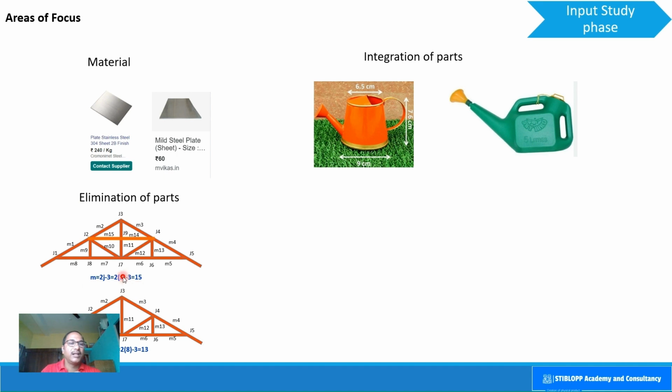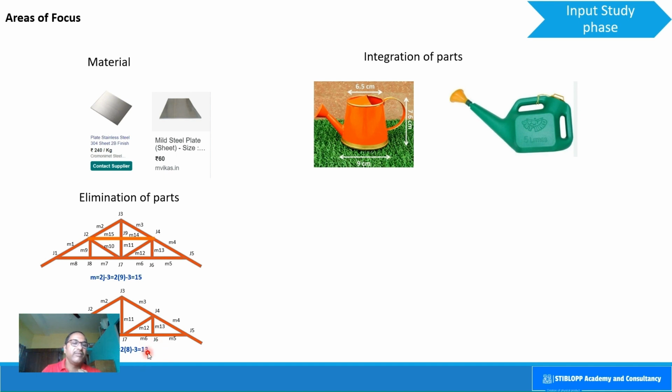Here there are 9 joints and the resulting value is 15. So we have 15 members. The last member is this one. This serves our purpose perfectly. Now, suppose I remove these two members, member 14 and 15, and apply the same formula to calculate the number of members with respect to the joints, it gives me the value as 13.